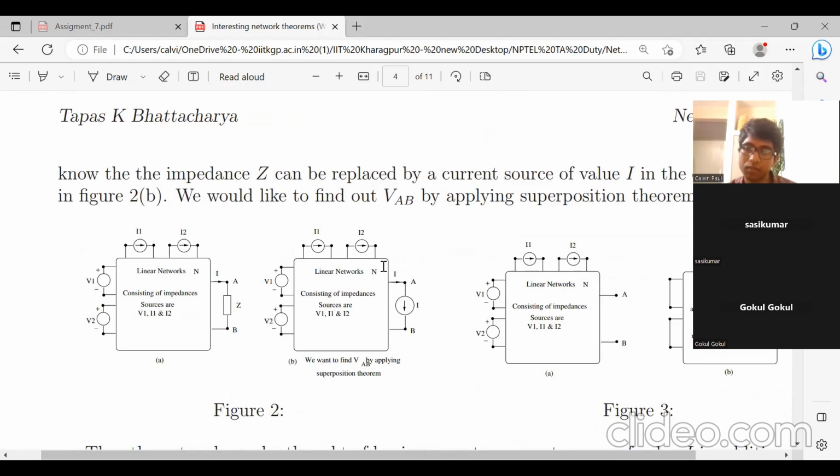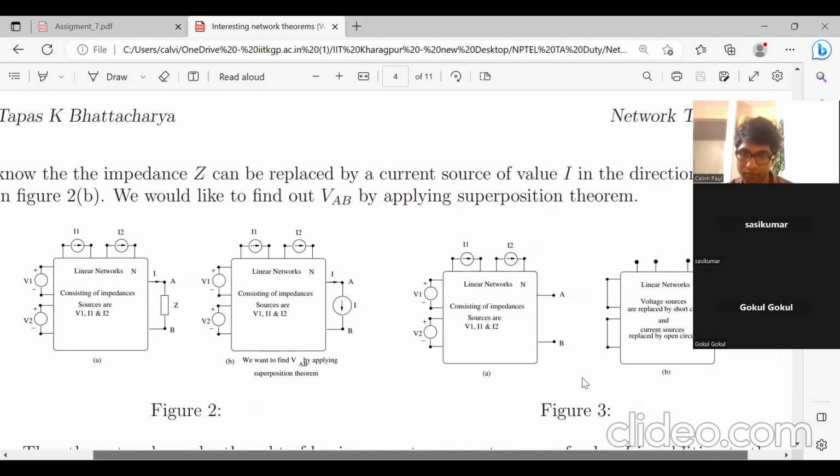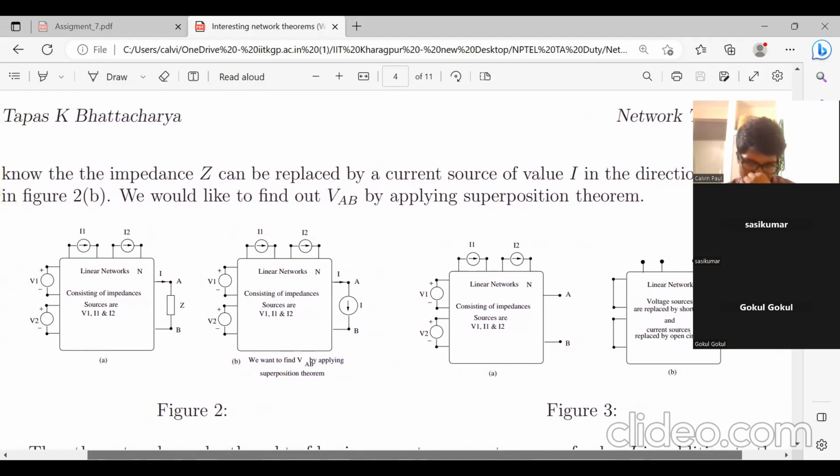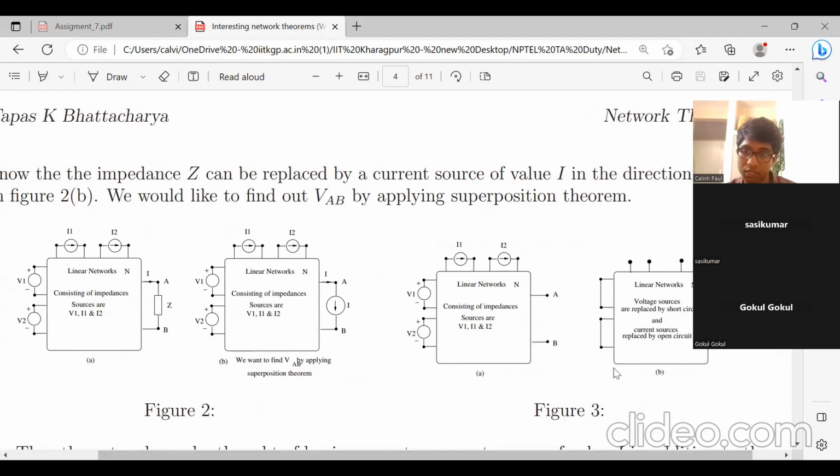In the first case, they have open circuited this current source, and all other voltage sources and all other current sources are operating. With those operating, they will find the voltage which comes across the terminals A, B. That voltage they will call the Thevenin voltage.